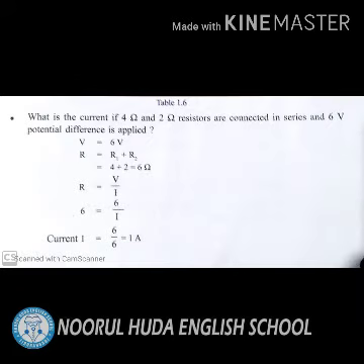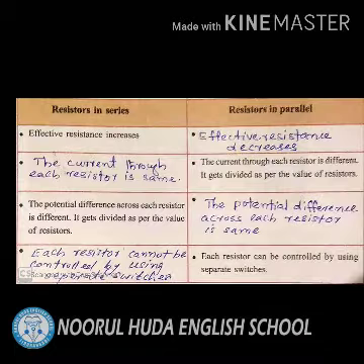When comparing the two circuits, we can find out the effective resistance, current, and potential difference in resistors in series and parallel. One table is given: resistors in series and resistors in parallel. What happens to the effective resistance?